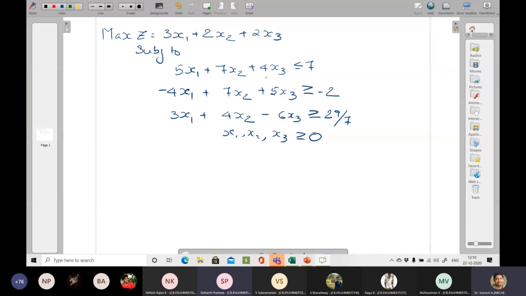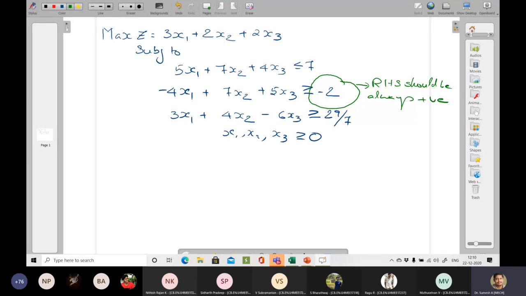But there is a small correction in that. The RHS of any constraint equation should be positive. So multiply it by a negative sign, and the sign changes, so plus s2. You have to keep in mind that the RHS should always be positive.